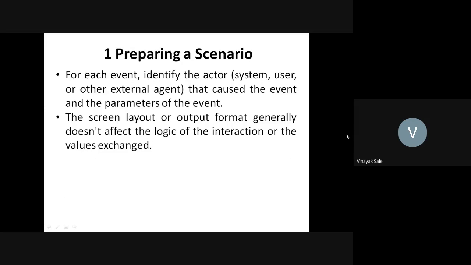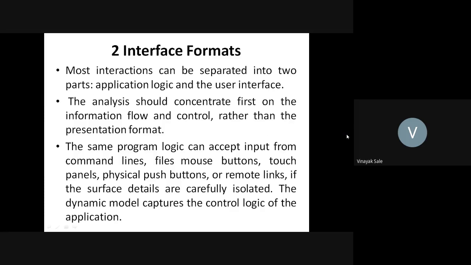So for each event, identify actors such as the system, user, or any other external agent that caused the event, and the parameters of the event. The screen layout or output format generally does not affect the logic of the interaction or the values exchanged. So this is the first part of preparing a scenario.